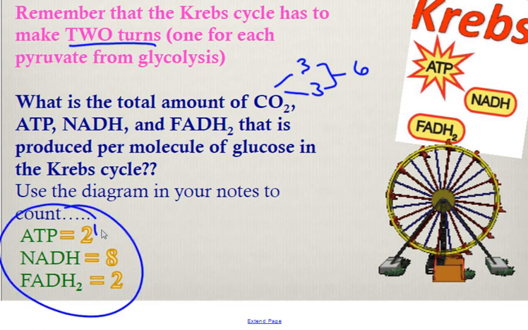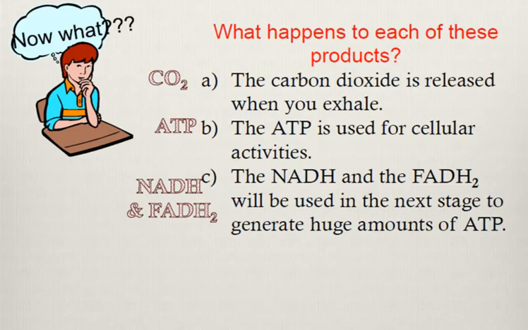2 ATP, 1 for each turn, 8 NAD, and 2 FAD. NAD and FAD, the energy carriers of respiration. Getting things ready for step 3. So CO2 is released, ATP is used up, because it requires energy to kind of move stuff, kind of prolonging into step 3.